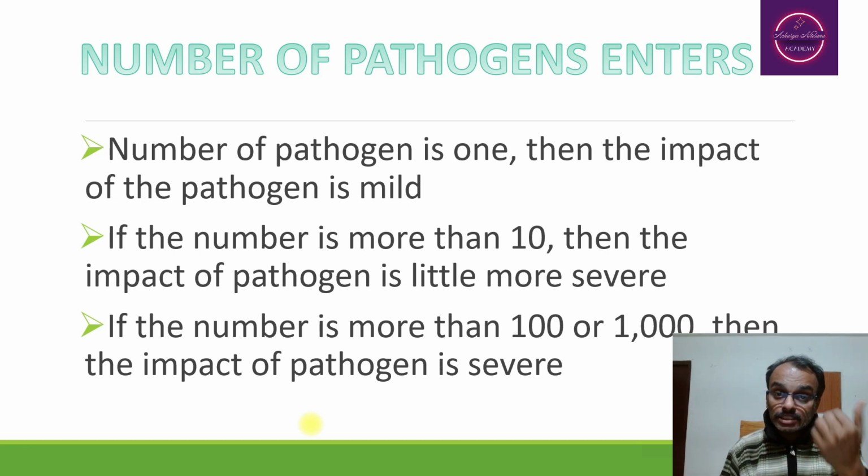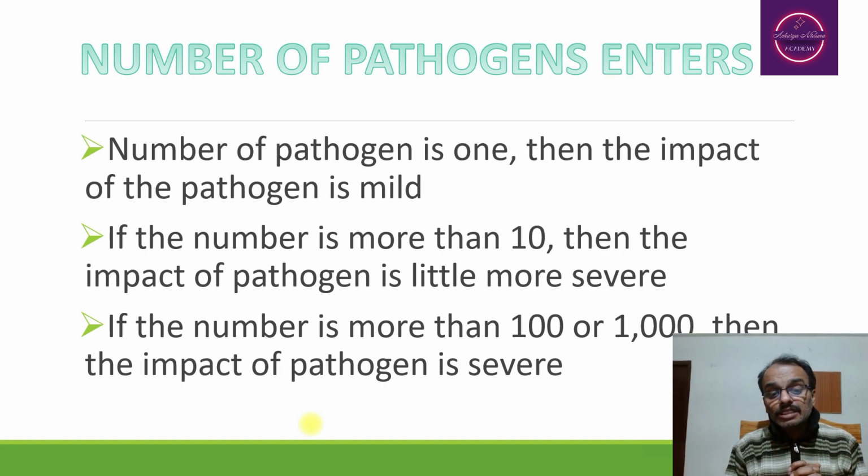The hydrochloric acid, or the agni present inside the body, can digest and destroy this particular pathogen. Suppose the number of pathogens is more than 10, that means almost 10 times more than the previous one. So the pathogens may have a somewhat more severe manifestation when compared to the first instance.